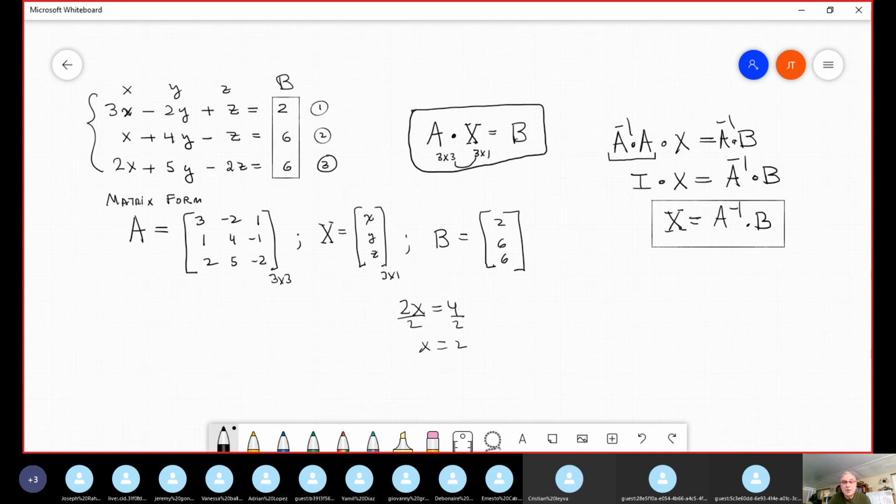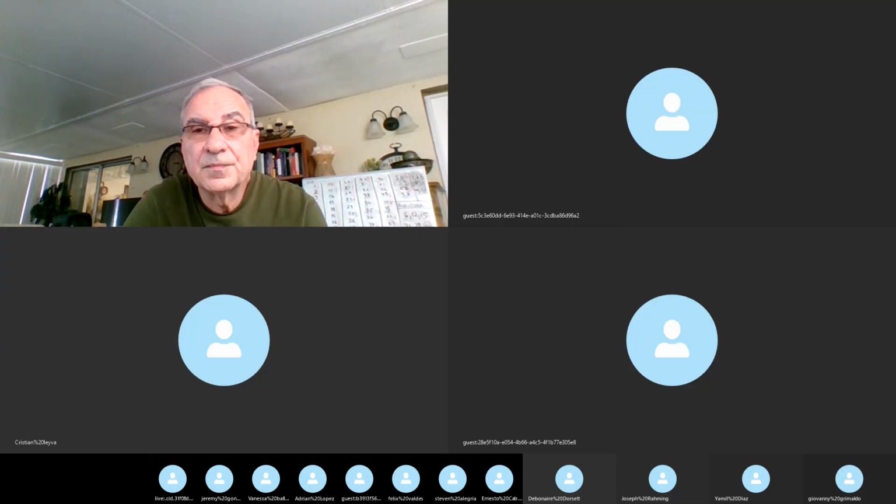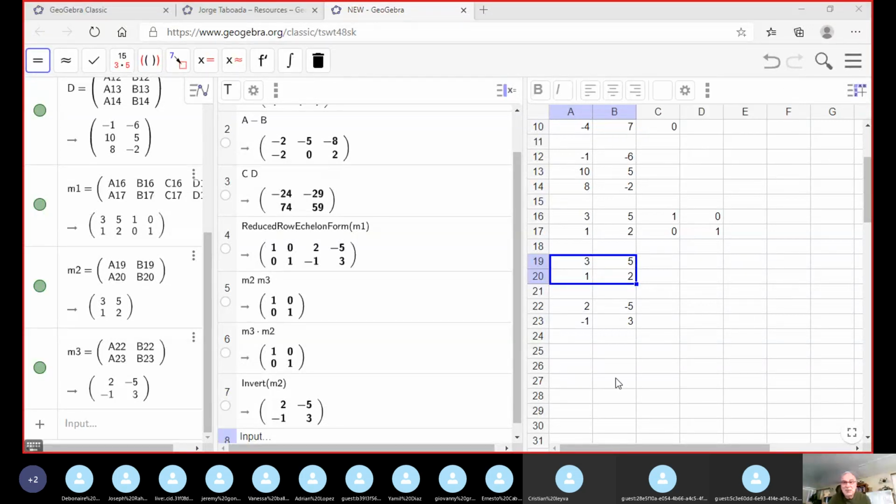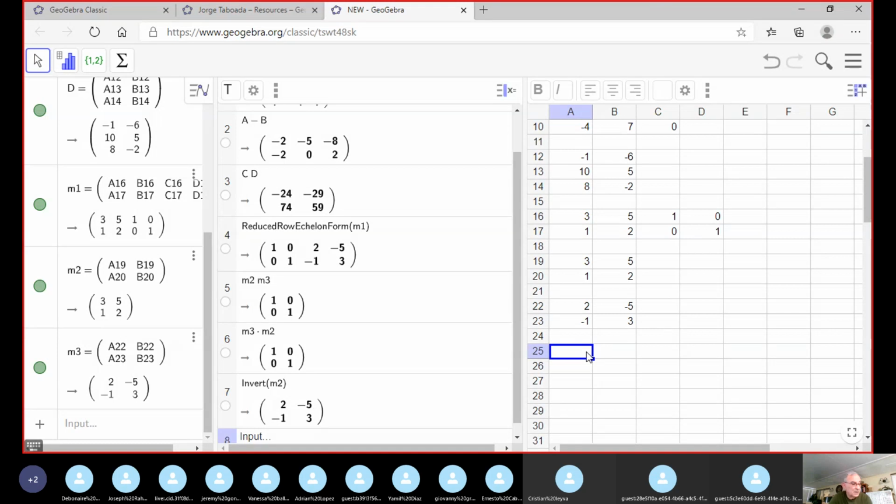Remember the formula, inverse matrix times B. So basically, I need to define a new matrix. The first row is 3, -2, +1. The second row, 1, 4, -1.